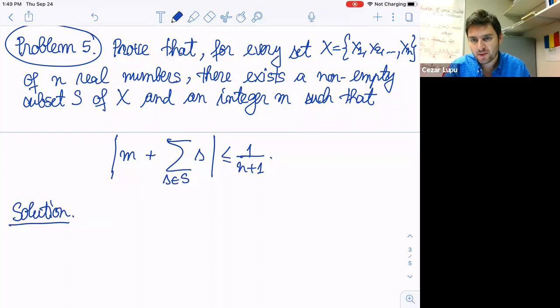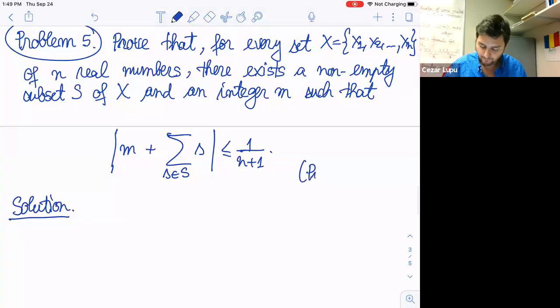When you look at the statement, you don't get too many ideas. But if you have the idea, then you can go from there. So let me say that this was a Putnam B2 in 2006. I admit it was a bit tricky, but anyway.